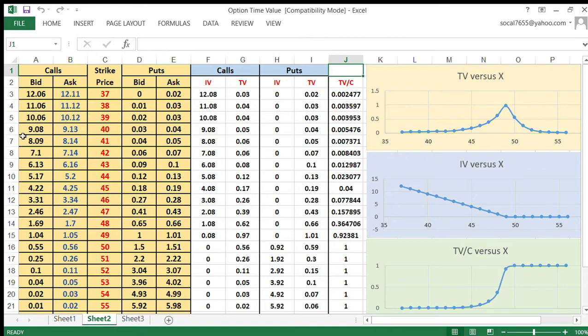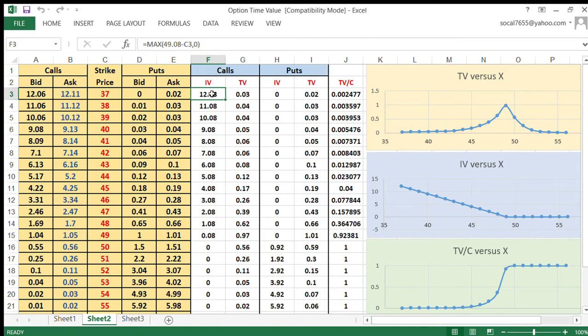And so here with this call, the ask price of the stock is 49.08. So if the ask price is 49.08 and the strike price is 37, then obviously intrinsic value is 49.08 minus 37, which is 12.08.